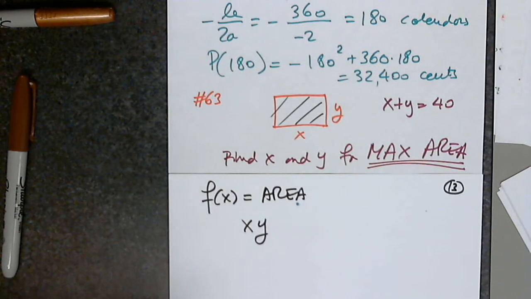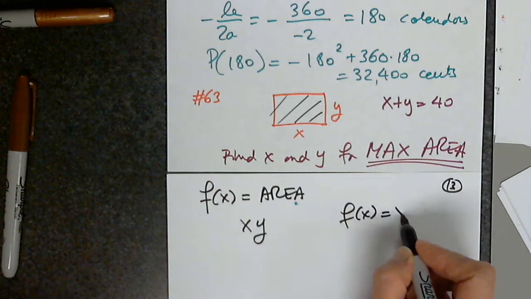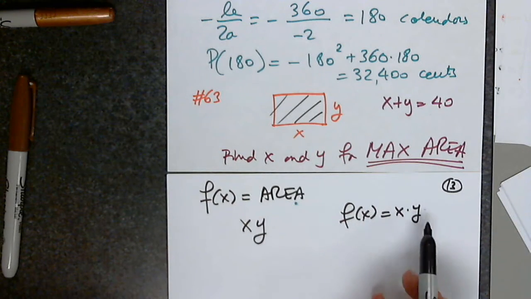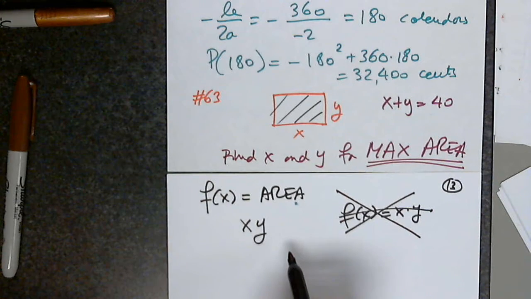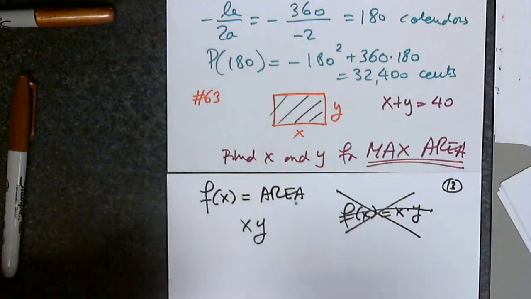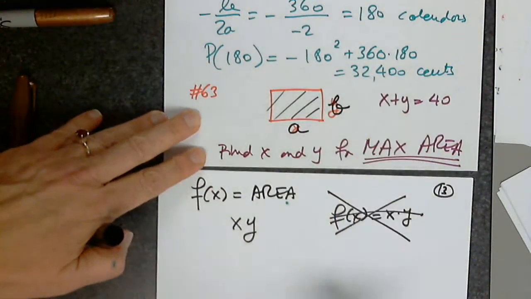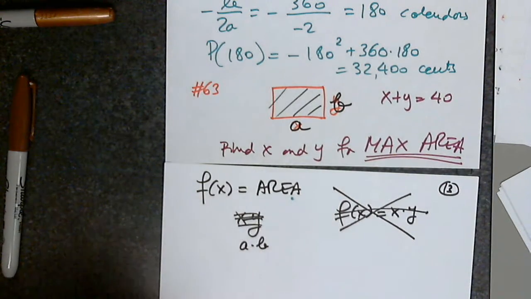But I have two variables. So I have to get rid of one of them because that will not be a function of x. I don't want to get rid of x. I would like to get rid of y. You're right.